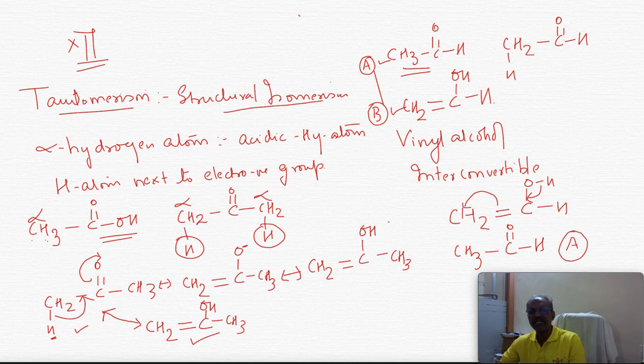So that means they are interconvertible. I think you might have understood what you mean by tautomerism. Now there are different types of tautomerism.